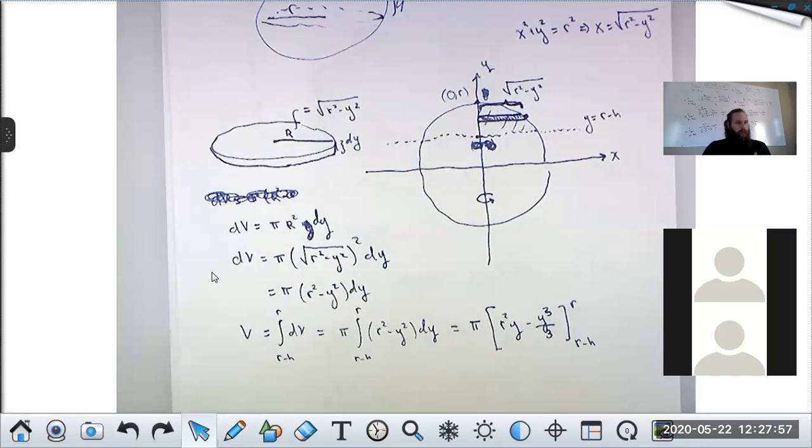So then when we go to evaluate, we're going to have a fair bit of algebra to do. That's okay. Yes, here little r is a constant.